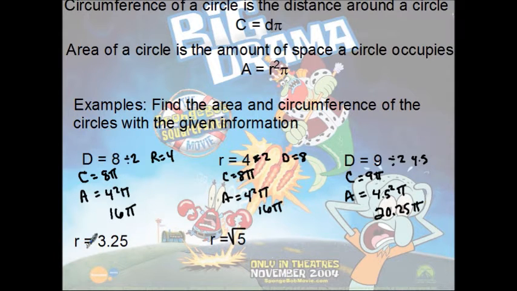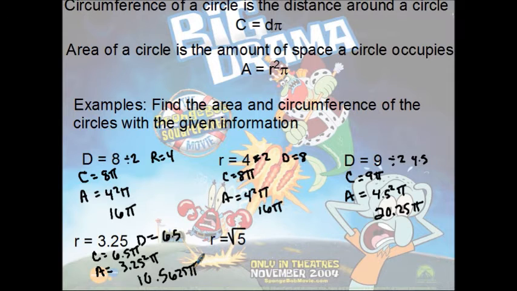For our next one, our radius is 3.25, which means the diameter, when we double that, is going to be 6.5. Therefore, the circumference is going to be 6.5 pi, diameter times pi. And for our area, it's radius squared pi, which is going to end up giving us 10.5625 pi.